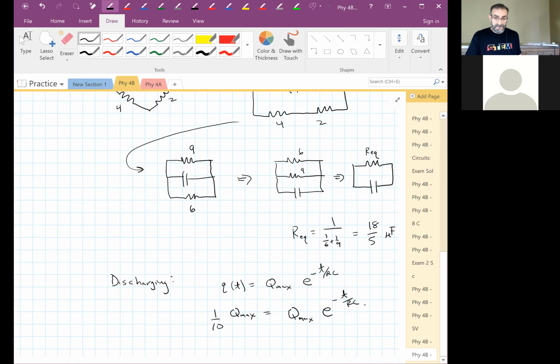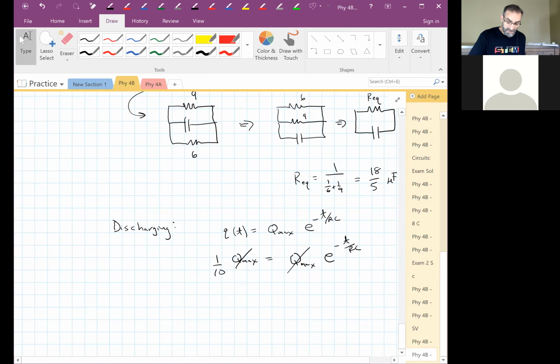The time when Q is 1/10 of the maximum. I don't even care what the maximum is. It cancels out right there. You may want to review your log properties. We're going to take the natural log of both sides.